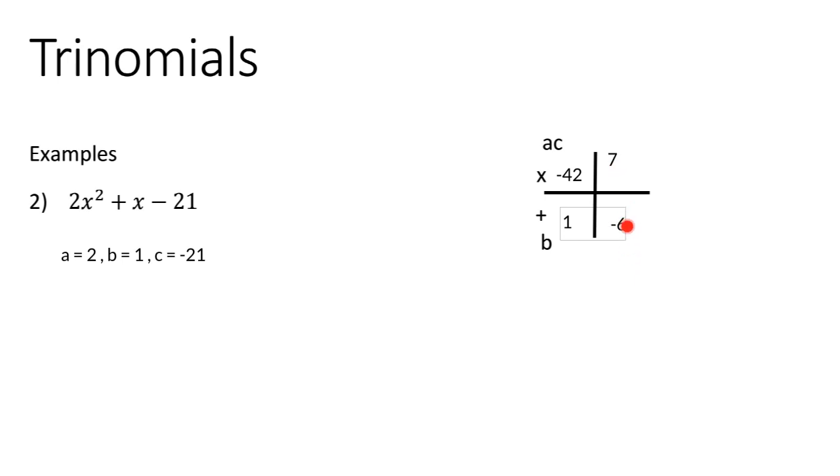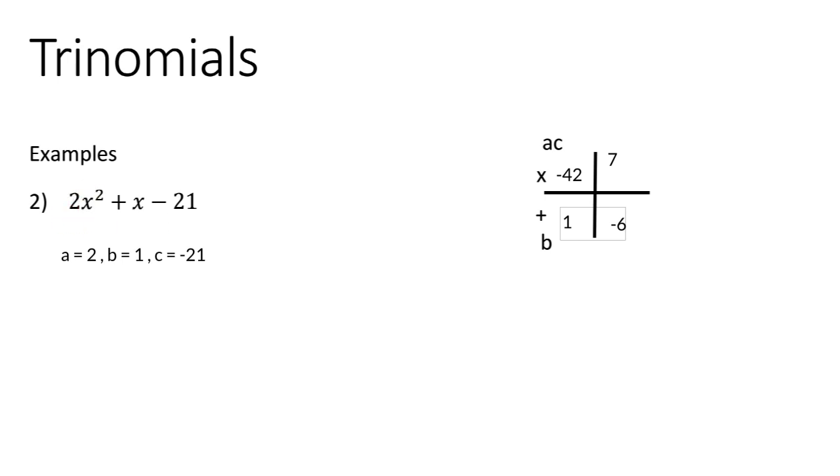So I'm quite happy with that, and we can move on to creating our fractions. Same idea as the last time. First thing I'm going to just look at is my original expression, 2x squared plus x subtract 21. There's a 2 in front of the x squared.